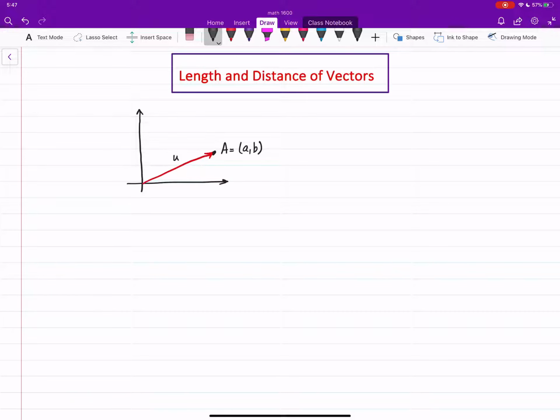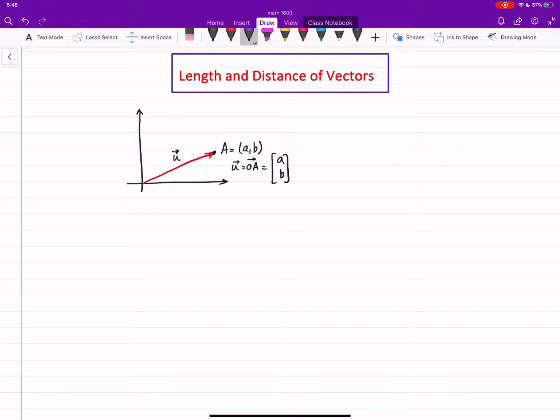In other words, if this is u, OU is the same as OA, so it is in the standard position. Then the vector will have components a and b. I'm writing the column form, but that's the same thing.